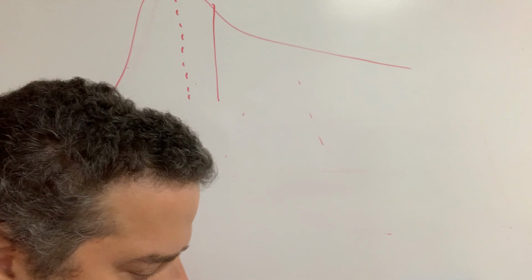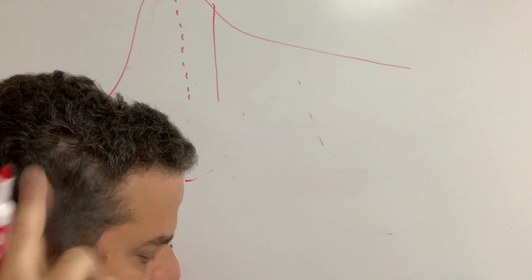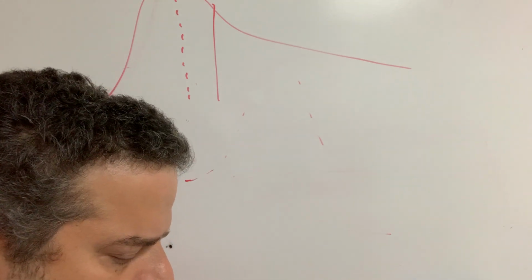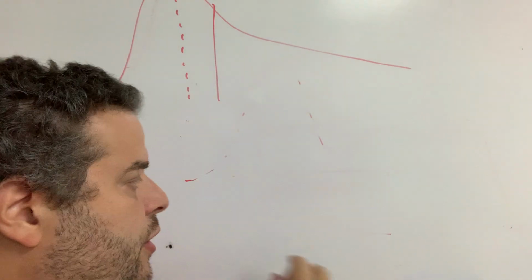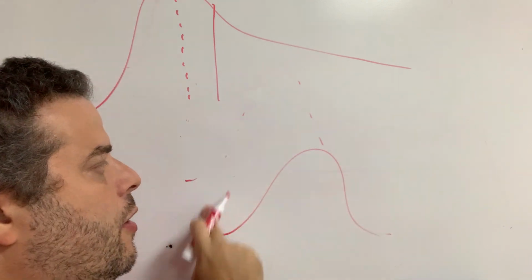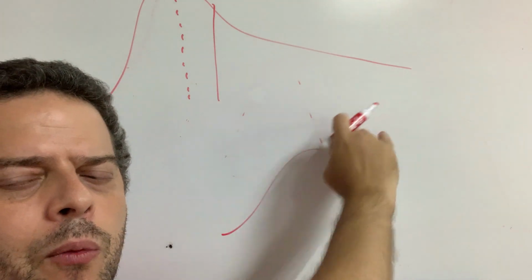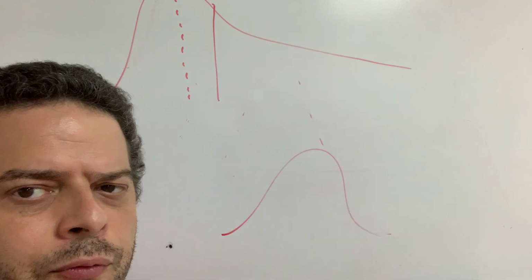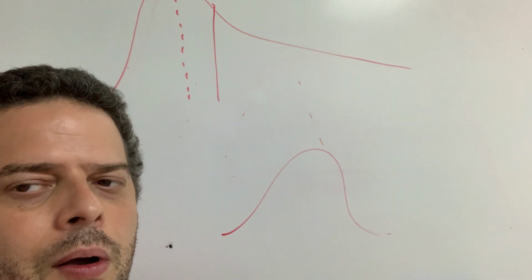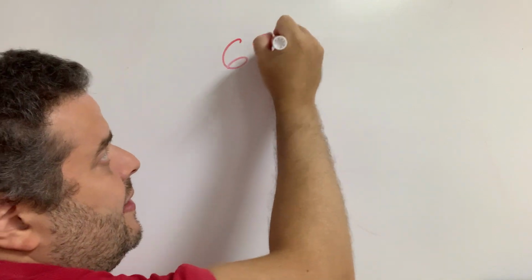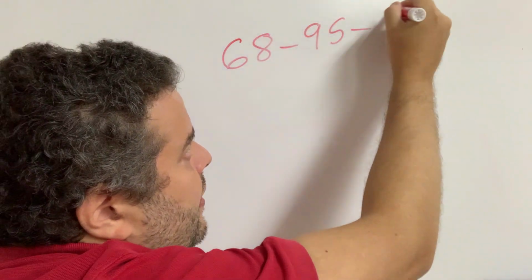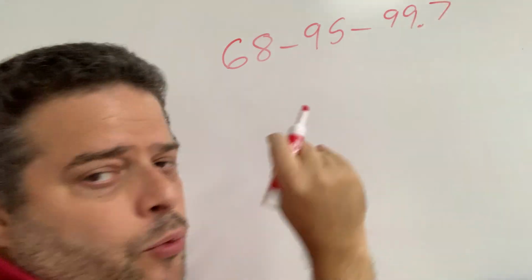Okay. Now, to find the area under the curve of a normal distribution, you actually don't care about the height. That's only when we have a uniform density curve. When we have a normal distribution, we use what we've been teaching you since 10th grade: the 68, 95, 99.7 rule.